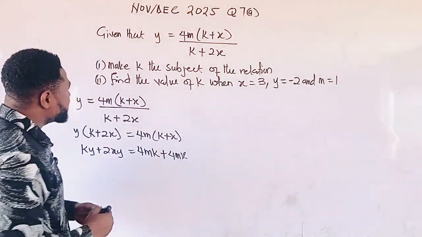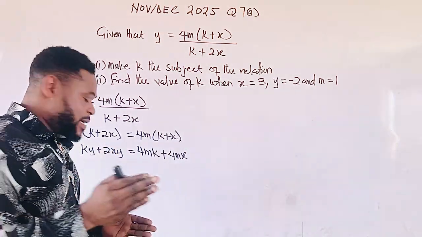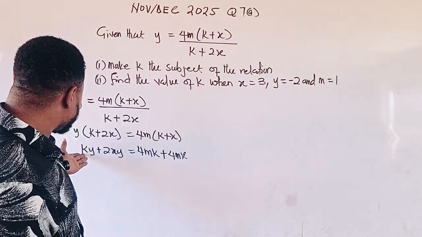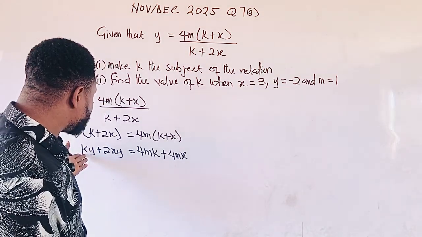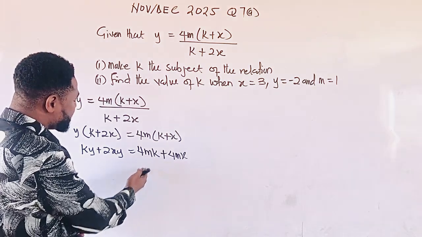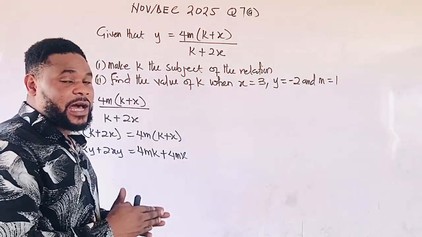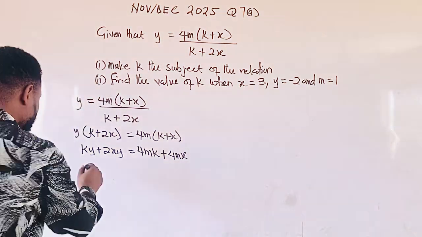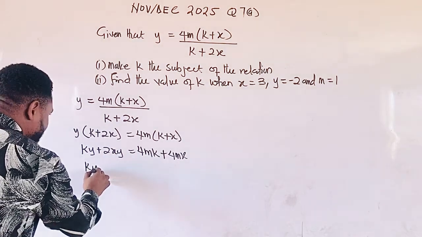At this stage, we want to make k the subject, but we can see k on the left hand side of the equation and k also at the right hand side of the equation. So we group all the k at one side of the equation. So we have ky.